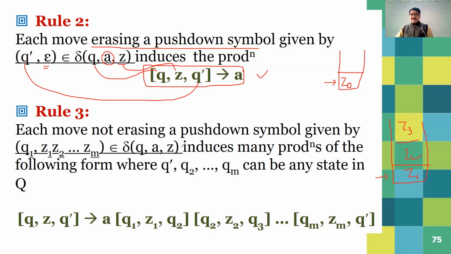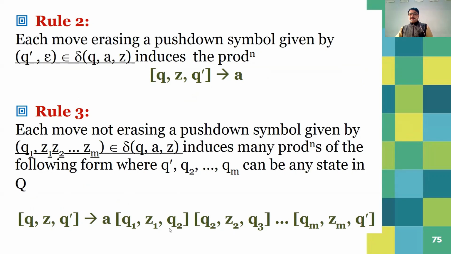So in this situation you write the production as [q, Z, outcome state], where a is the terminal, which we should always write here, and the new state is q1. Then, for however many symbols you are pushing into the stack, just write them in this way. So this is the simple rule for pushing elements into the stack.